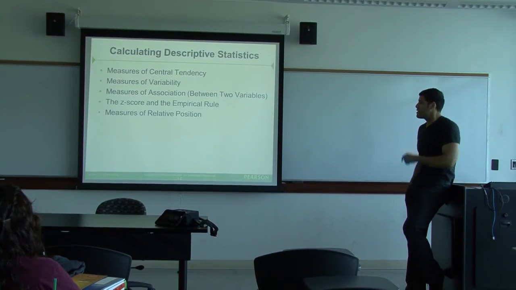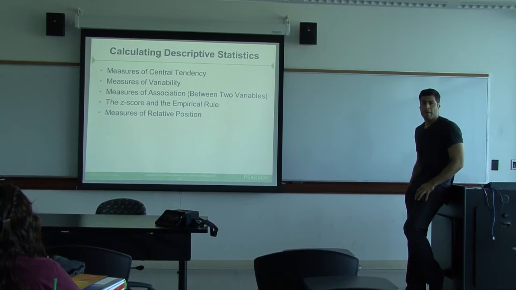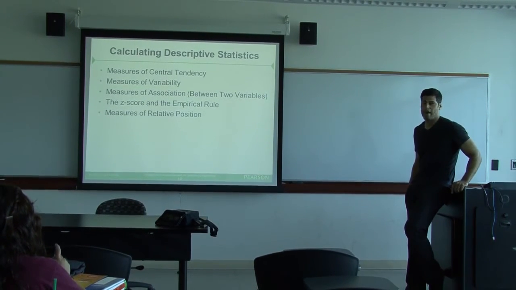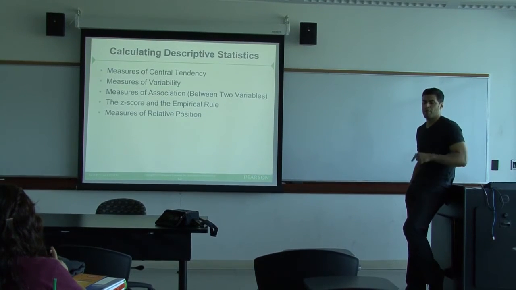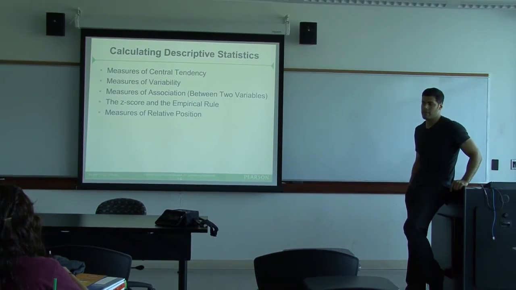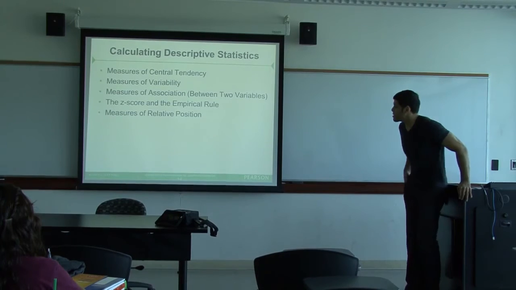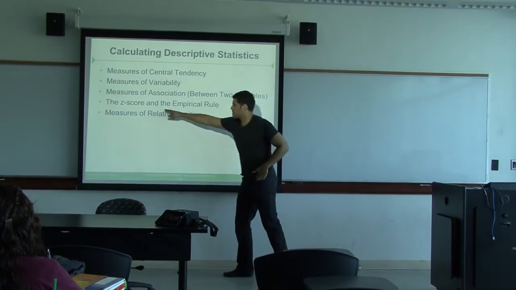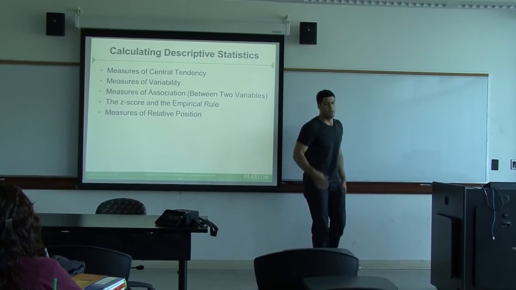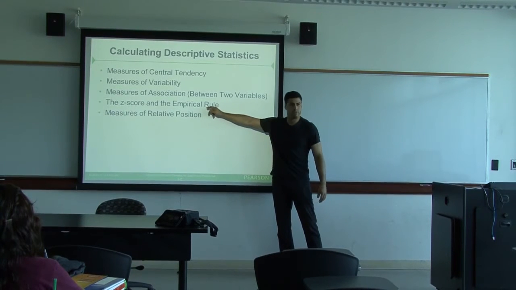But that one topic, the z-score, maybe the single most important discussion we're going to have is also a very short one, because we're going to revisit it again in chapter 6, then in chapter 7, and then 8, then 9, then 10. Basically, after the midterm, we're going to be seeing the z-score every single day here. Okay? So we're going to spend some time on that. It's very important that we understand what the z-score is within the context of the empirical rule.